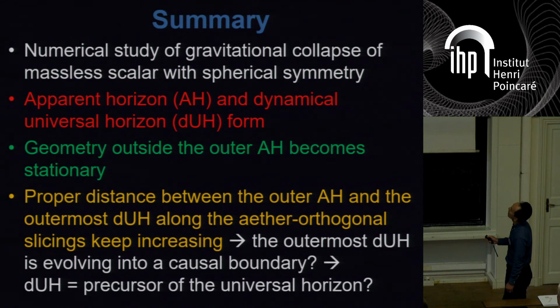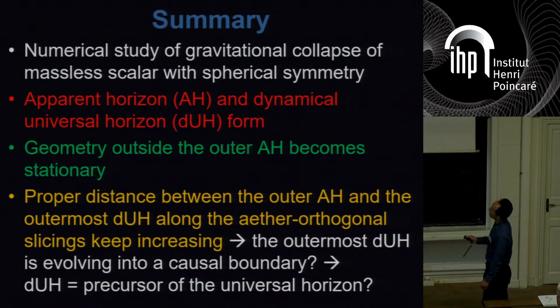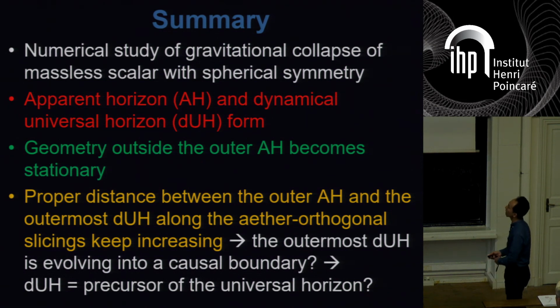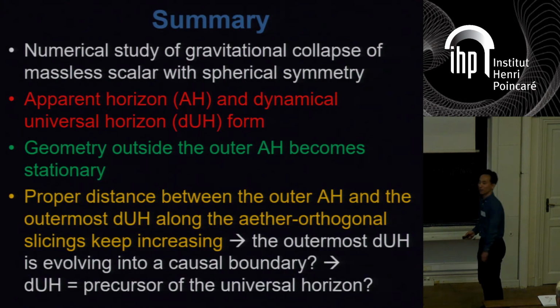The apparent horizon and dynamical universal horizon form, and the geometry outside the outer apparent horizon becomes stationary, and the proper distance between the outer apparent horizon and the outermost dynamical universal horizon along the ether orthogonal slicing keeps increasing. Okay, I'll finish here.